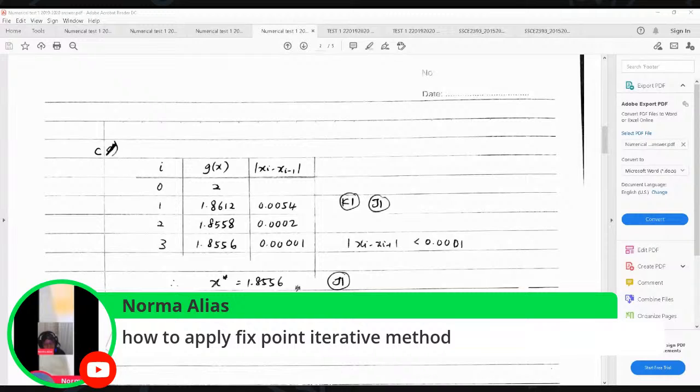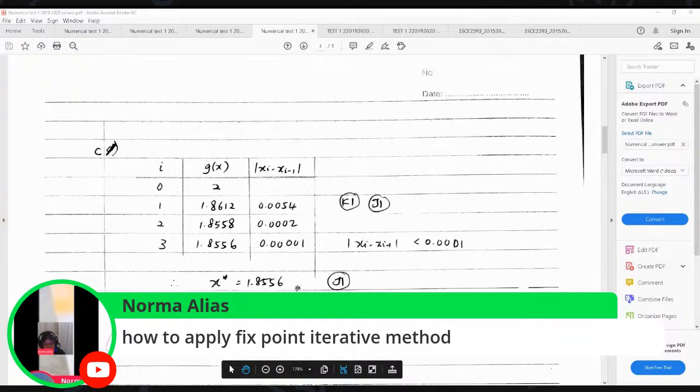X is the boundary condition. Second, you use the fixed point iterative method to see whether it converges or diverges. In this case, because g prime is less than 1, it converges, and then you terminate the iteration when x_i minus x_(i-1) is less than epsilon. All right, so that's the answer.